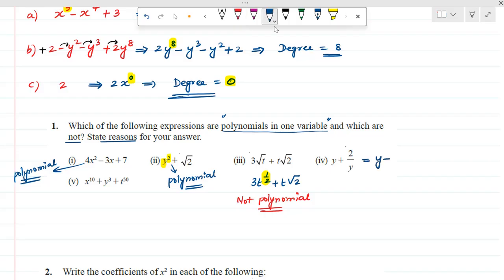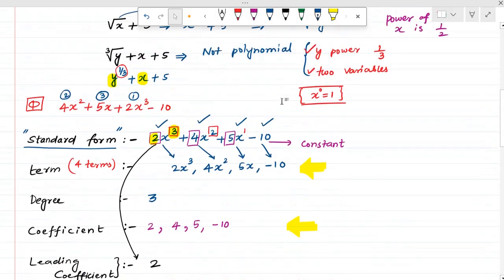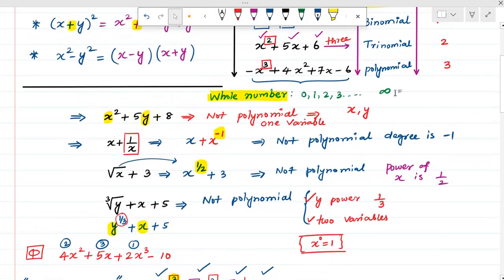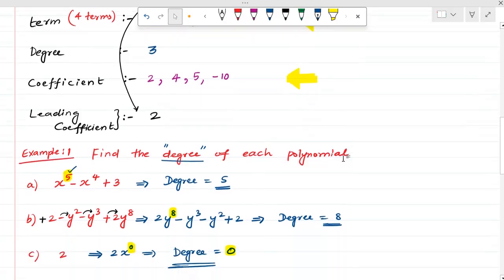This one, y plus 2 over y. If I take it up, it becomes y to the power minus 1. So what is the power of y? It is negative. Therefore it is not a polynomial. The reason is the power is negative, because the polynomial power must be a whole number. Whole numbers start from 0 to infinity, not negative, not fraction.